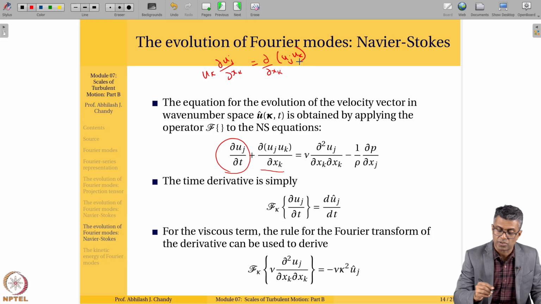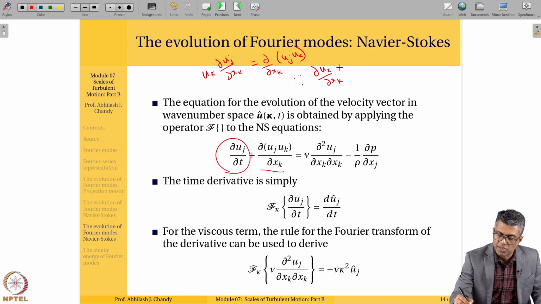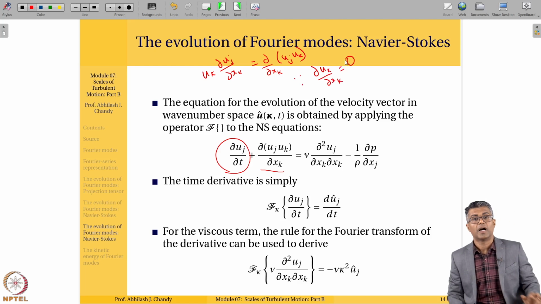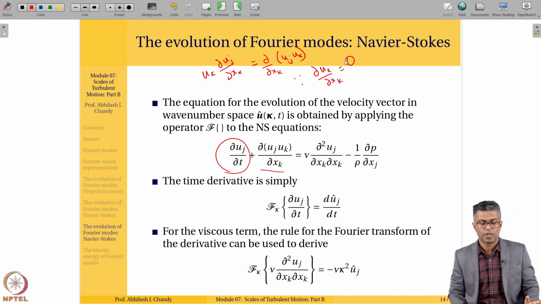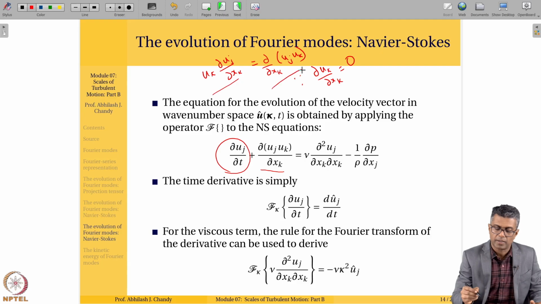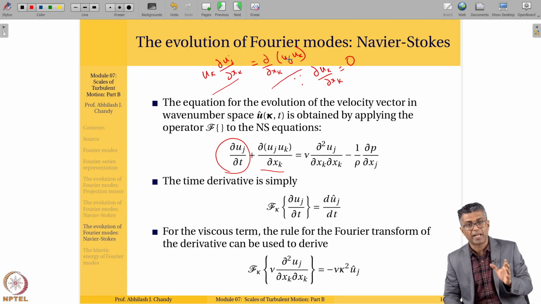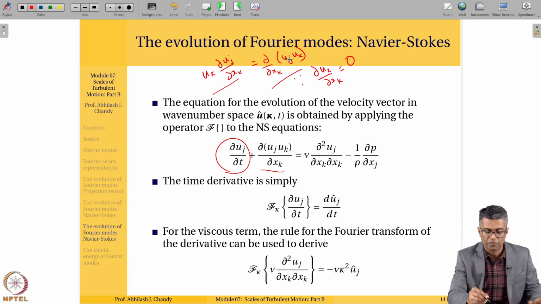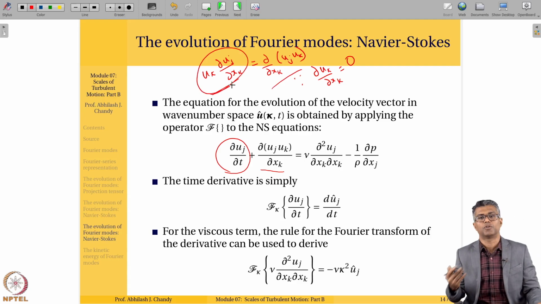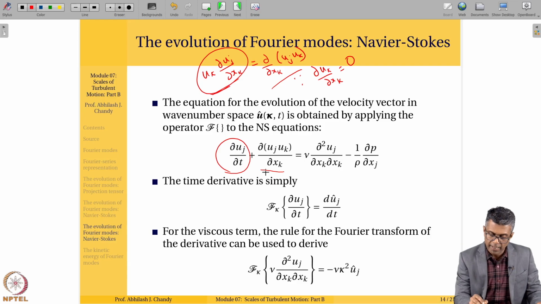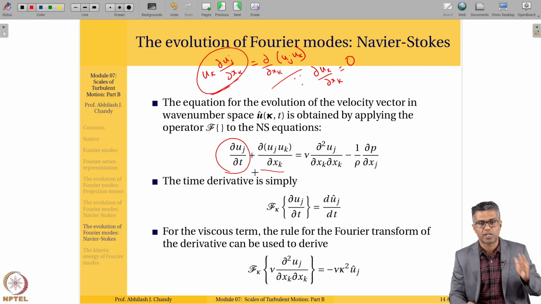This is because del uk del xk is equal to 0 according to the continuity equation. So these two turn out to be the same. If you apply the chain rule on the right hand side, you will get two terms. Only one of them will remain. The other term will go to 0 because of the continuity equation. So I will write del xk of uj uk.